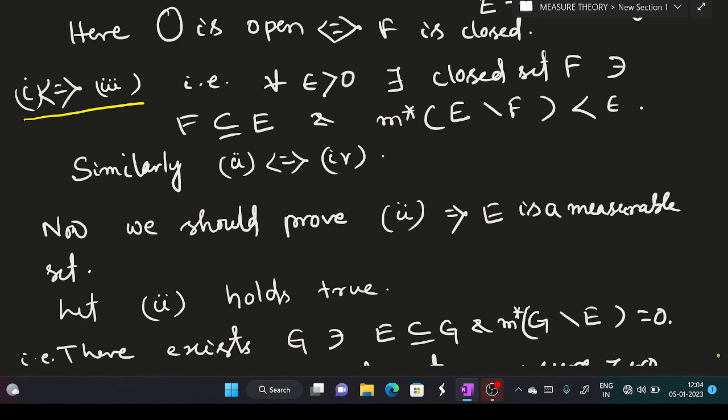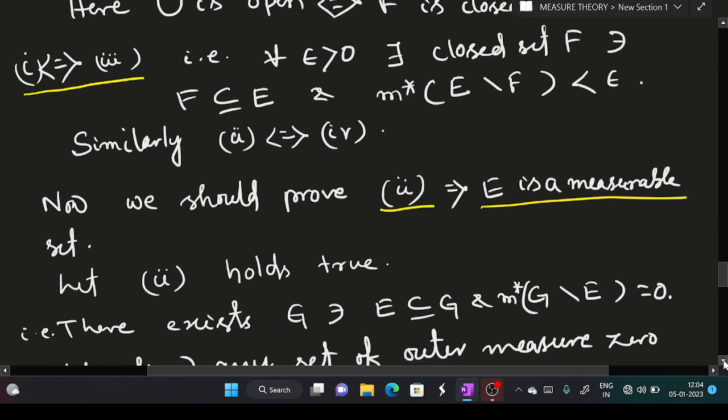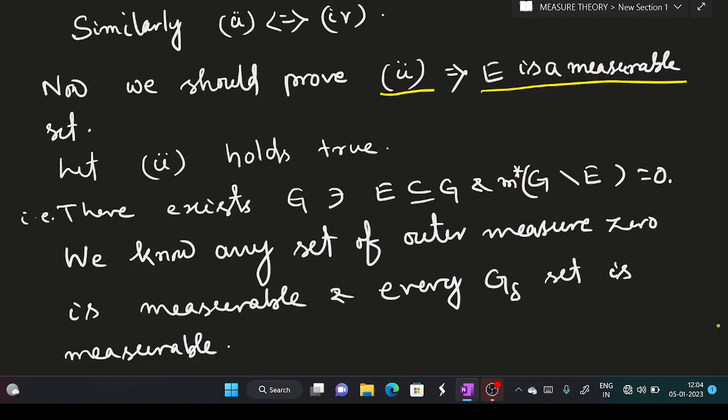Now let us take 2 is satisfied. Let us prove E is a measurable set. Let the second condition hold true. That implies there exists G such that E is a subset of G with outer measure of G difference E equal to 0.